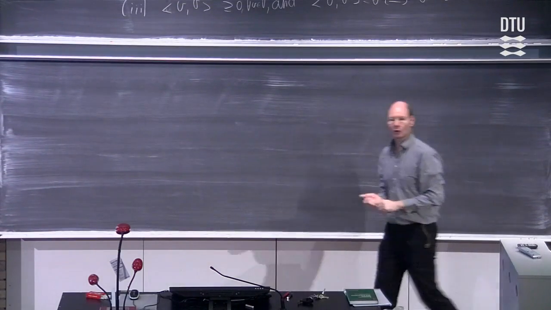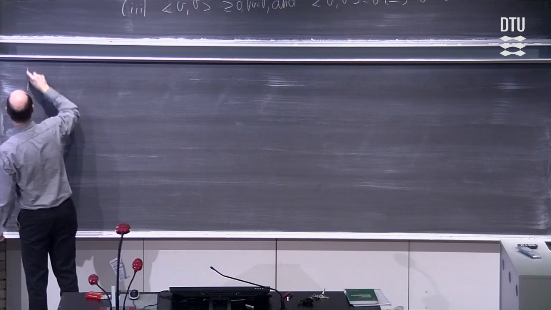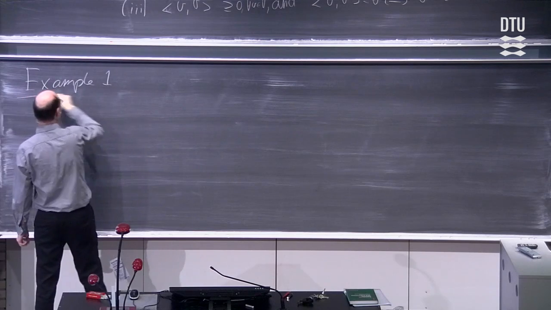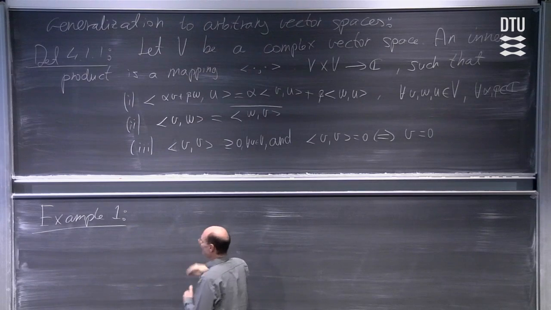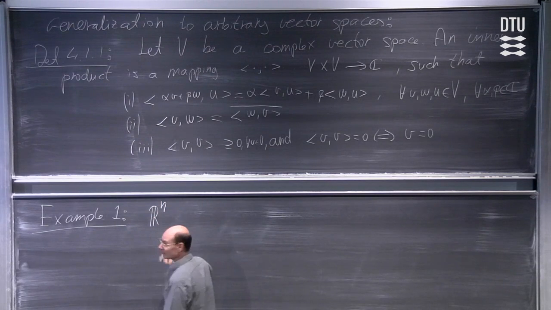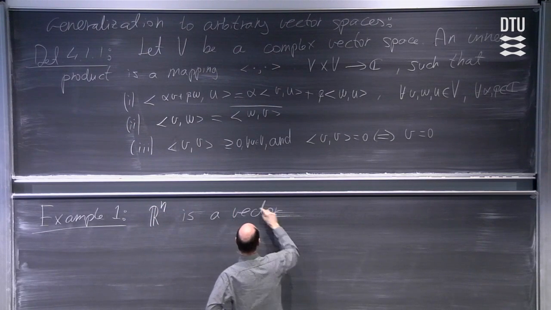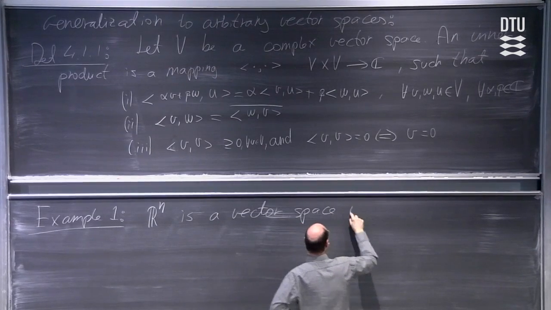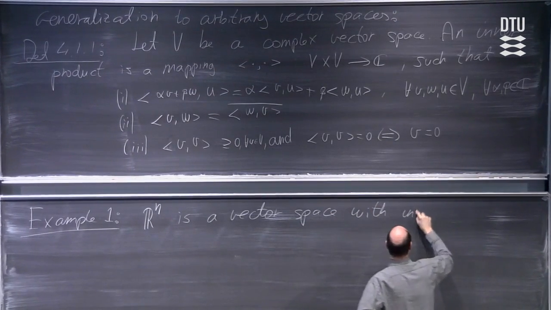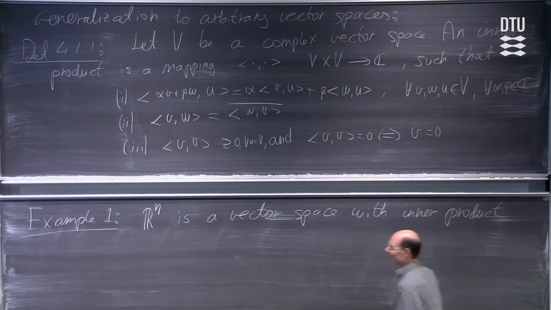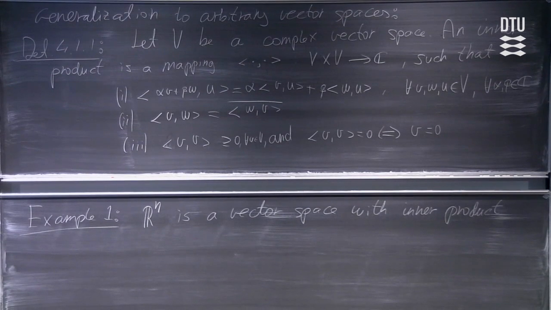And I have more or less already given you the first example of that. So Rn would be the first example. In Rn, we do exactly what we're used to, and then we look at this definition and check that all these properties are satisfied.